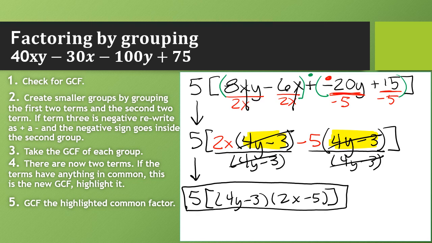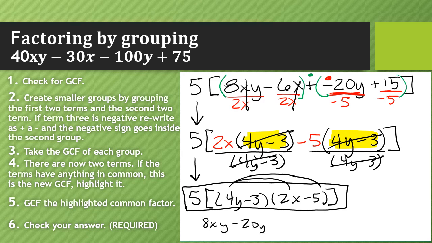And if you want to check, you can do the double distributive property. So multiply, multiply. So we have 8xy minus 20y. And then you're going to multiply here and multiply here. So minus 6x plus 15. So if I look at my polynomial, this is really all times 5.